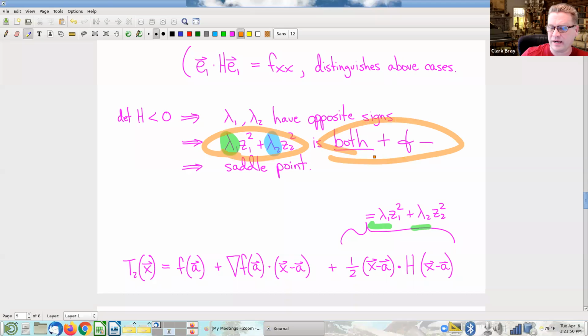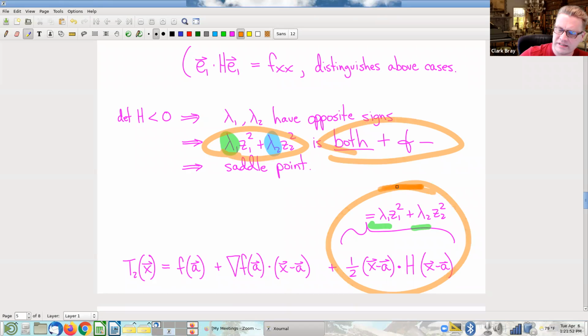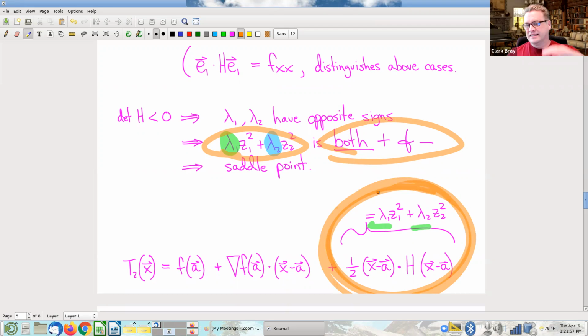Therefore the second order behavior of the function is sometimes negative and sometimes positive. It's curving down in some directions, but curving up in other directions. And that's what we call a saddle point. It's neither a max nor a min.